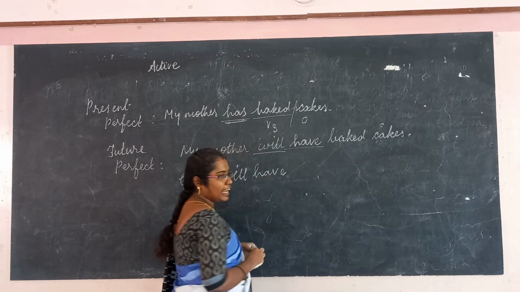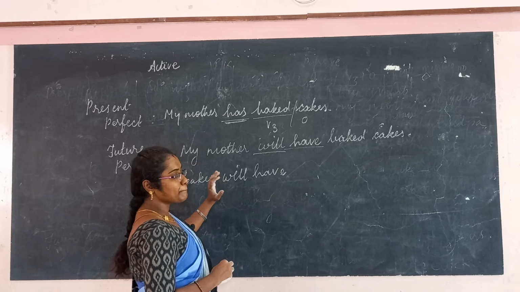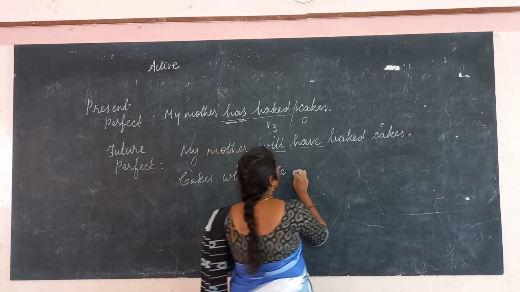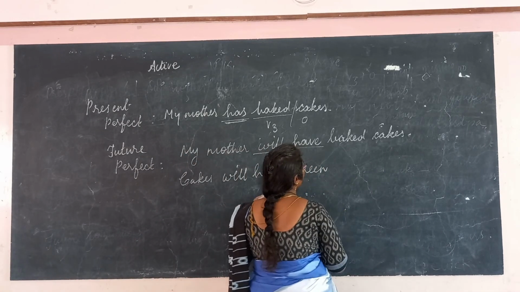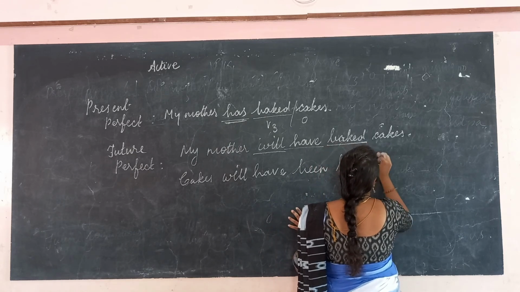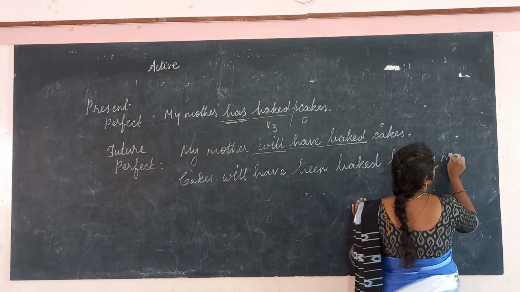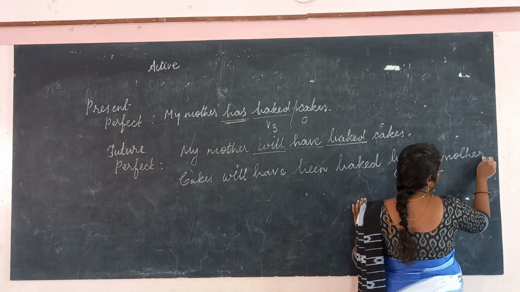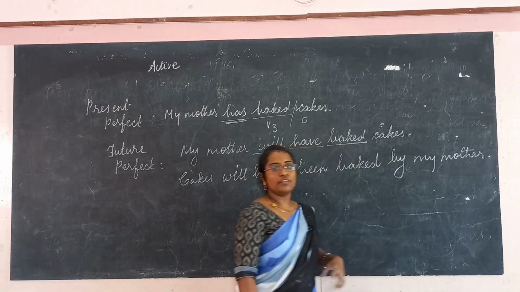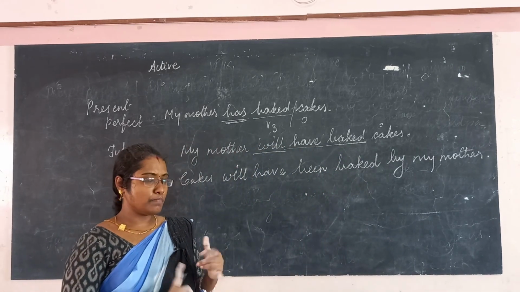As I told you already, for perfect tense we have to use the word been, okay, will have been and V3, baked. Will have been baked by my mother.